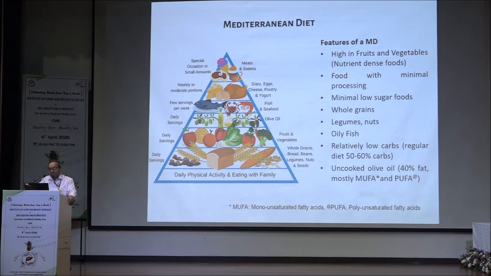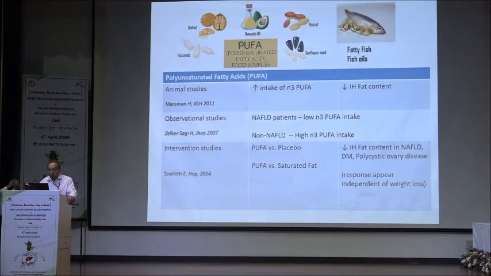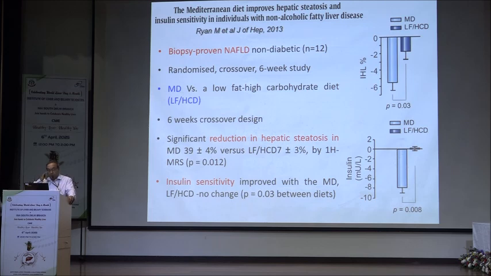High in fruits and vegetables, food with minimal processing, low sugar food, whole grains, legumes, nuts, oils and fish, relatively low carb, and uncooked olive oil, which is rich in MUFA and PUFA. So this constitutes the Mediterranean diet, and it has been shown that in patients with NAFLD, when a crossover study was done with the Mediterranean diet, there was a decrease in intrahepatic lipid and increased insulin sensitivity in these patients.